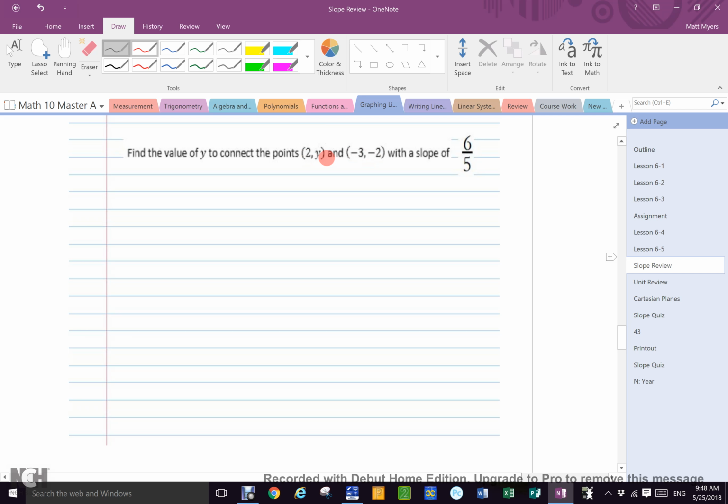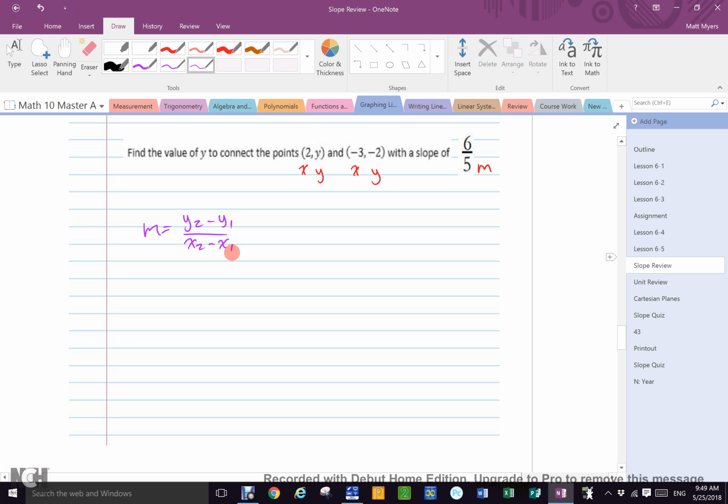Find this value. What do I have there? I have an x, a y, an x, a y, and a slope, which is m. So what am I going to use? M equals y2 minus y1 over x2 minus x1. What goes where?